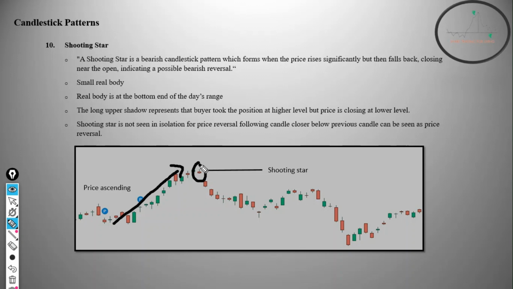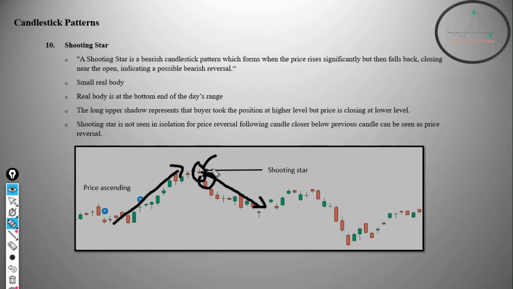You cannot take this candle as an individual candle to make a decision on the downtrend reversal. The following candle has to be lower than the previous candle, and only then is the trend reversed.